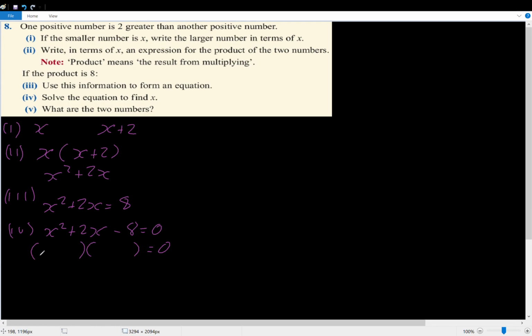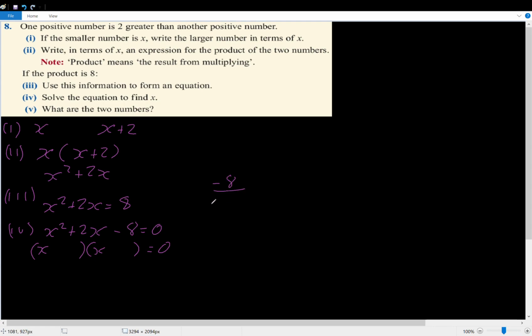The first term in each bracket are going to be factors of the first term in our expression. So it's going to be x and x. And our second term in each bracket are going to be factors of our last term in our expression that add up to the number in front of x in the middle there. So what we're going to do to start with is write out our factors of minus 8.